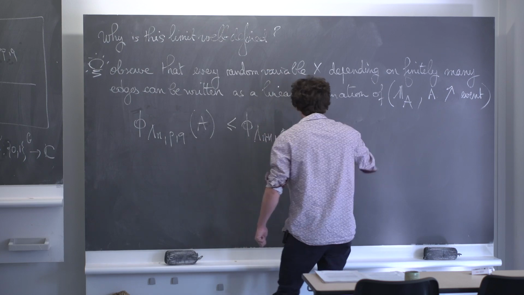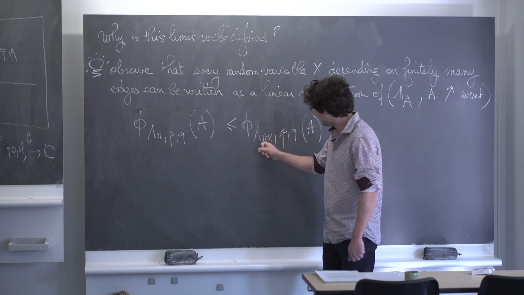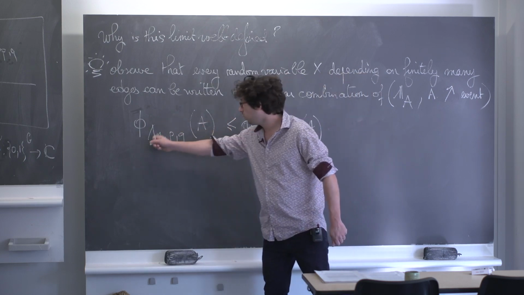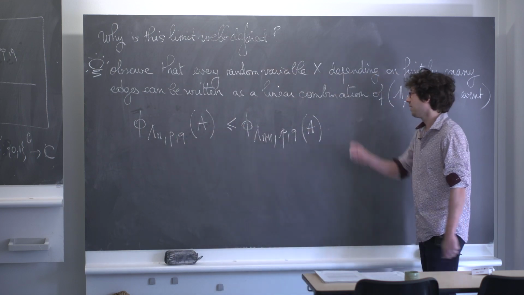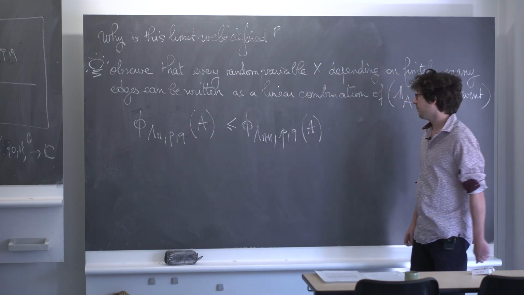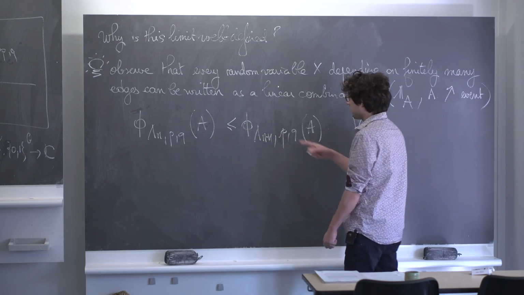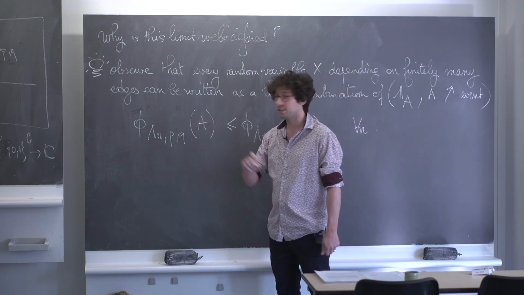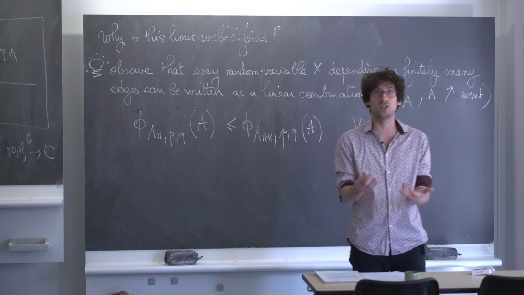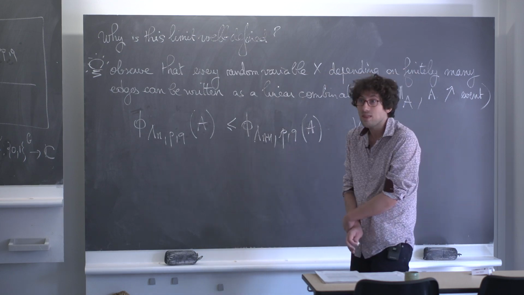pq of A. So if A is increasing, because this graph includes this graph as a subgraph, then I have this inequality for every n. But if I have this inequality for every n, this is simply an increasing sequence which is clearly bounded by 1.